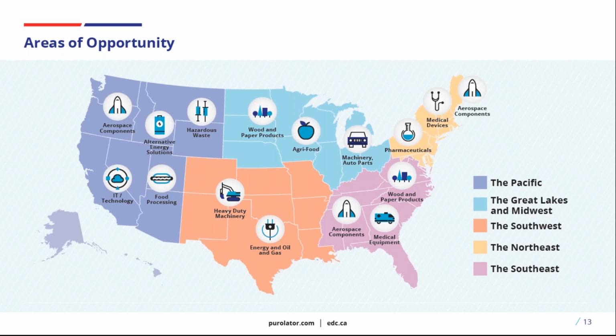Thank you, Phil. That was a really comprehensive snapshot of all the sectors across the 5 different regions in the U.S. And when it does come time for you to engage in terms of developing your export strategy, from a Purolator perspective, we do have a terrific national sales team with very deep sector-specific experience across industrials, obviously from machinery and equipment through mining or energy, oil and gas, to speak to some of the sectors that you highlighted, Phil, as well as healthcare from a medical device and equipment standpoint, into consumables and pharmaceuticals.